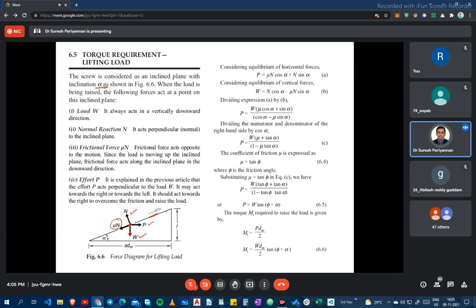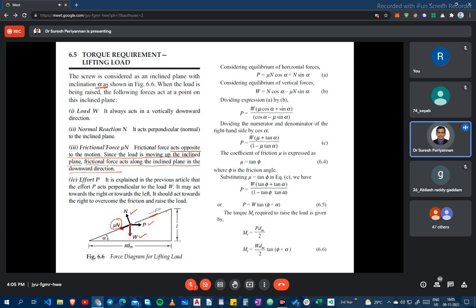That is called mu N. The frictional force acts in the opposite direction since the load is moving up the inclined plane. The frictional force acts along the inclined plane in the downward direction when we are trying to lift the load.